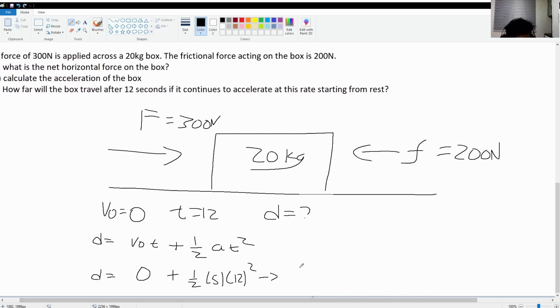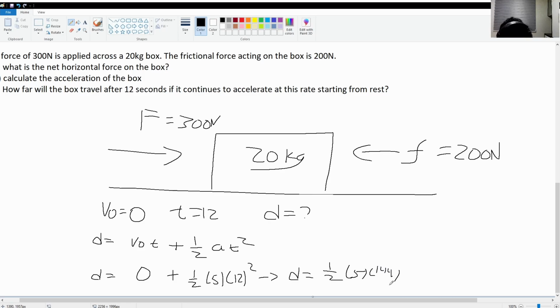So I'm gonna count this. d equals 1/2, 12 squared is 144.